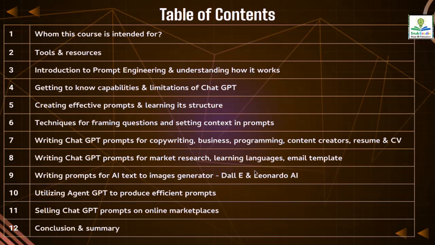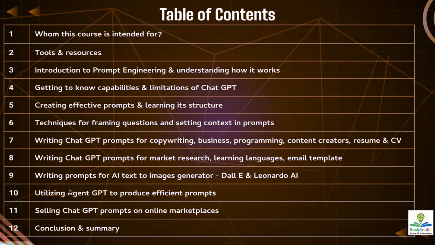We're going to learn how to design high quality and effective prompts to generate the best quality images using these two platforms, DALL-E and Leonardo AI. So that's chapter 9.